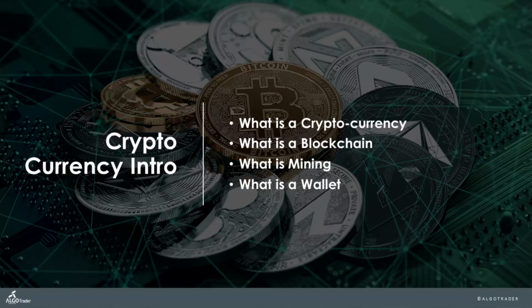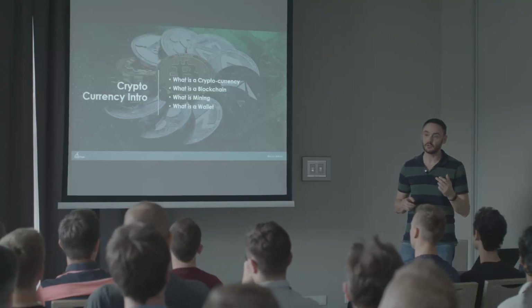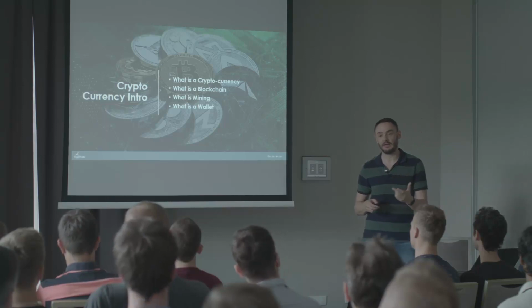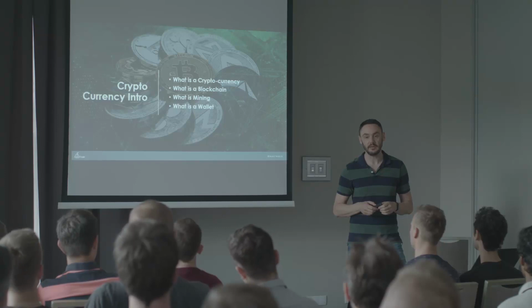The last one on this slide is a wallet. What is a wallet? A wallet is used to send and receive cryptocurrency. Basically a wallet stores the public key and the private key. I mentioned that this has a lot to do with cryptography.